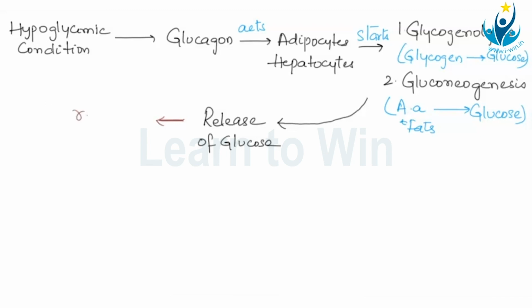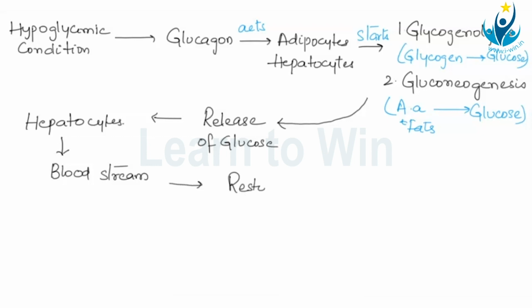First, it will reach the hepatocytes, and from the hepatocytes it will reach the bloodstream, and once the glucose levels rise in the bloodstream, there will be the restoration of homeostasis.